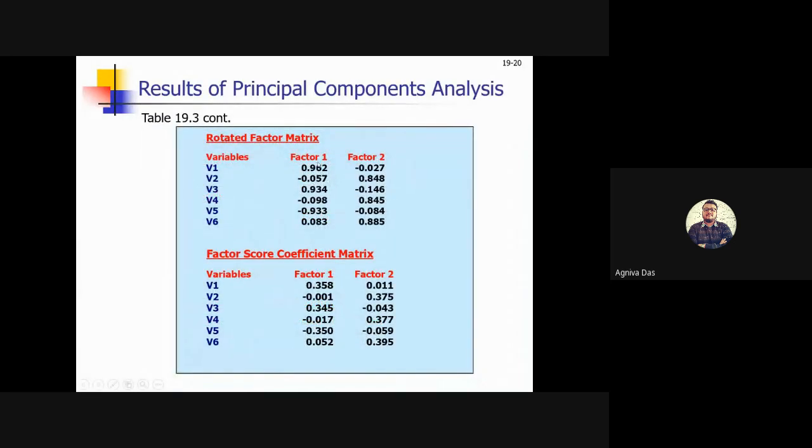Now it is 0.962 and minus 0.027. Because this is very, very close to 0, we can say that V1 is almost orthogonal to factor 2. It has no influence on factor 2 at all, but it has a lot of influence on factor 1. So that is why we will group V1 into factor 1.